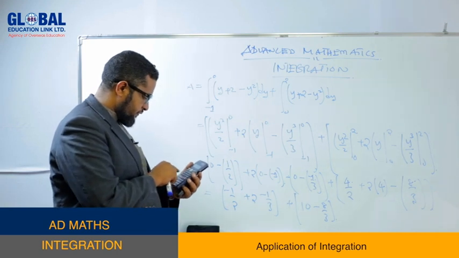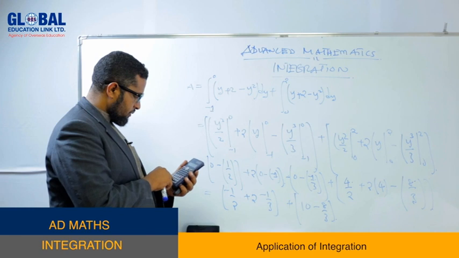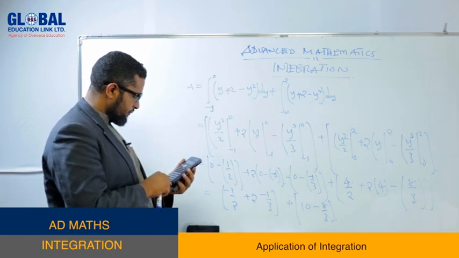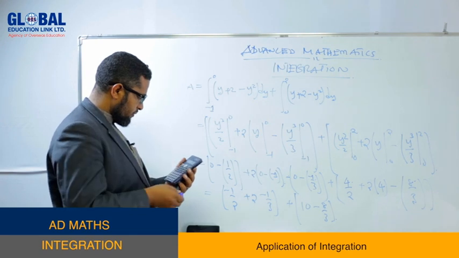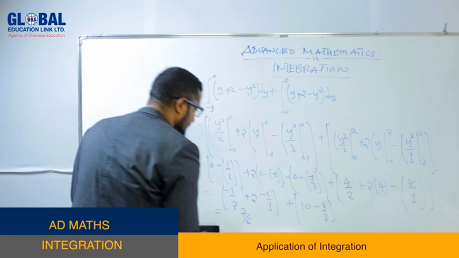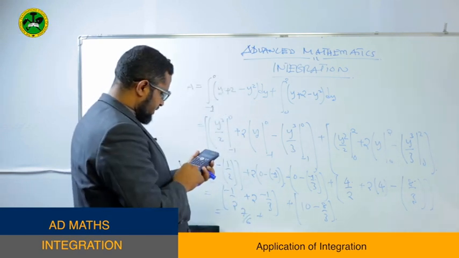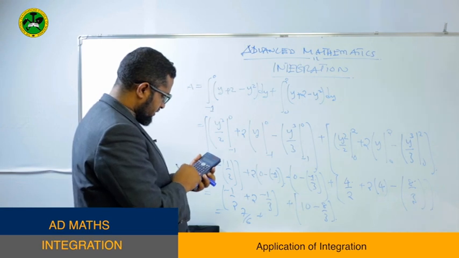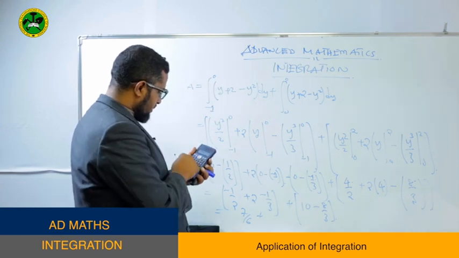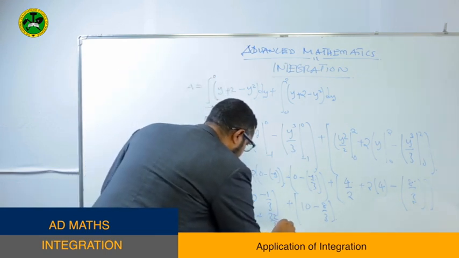So we have negative 1 over 2 plus 2 minus 1 over 3. Here we have 7 over 6 plus 10 minus 8 over 3, which is 22 over 3.